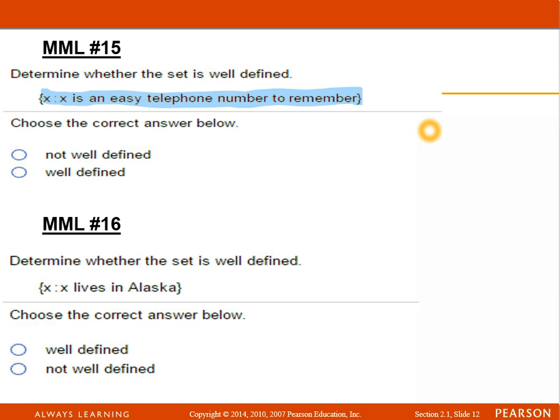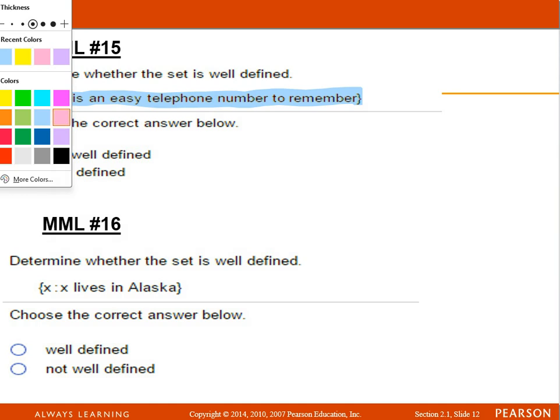But somebody like me who works with numbers every day, I can remember stuff if it's a number. Don't ask me who the 15th president was, I can't tell you. But phone numbers, I'm pretty good with those. So I would say this is not well defined. It's all about perspective. Some people find it easy to remember things. Other people don't.